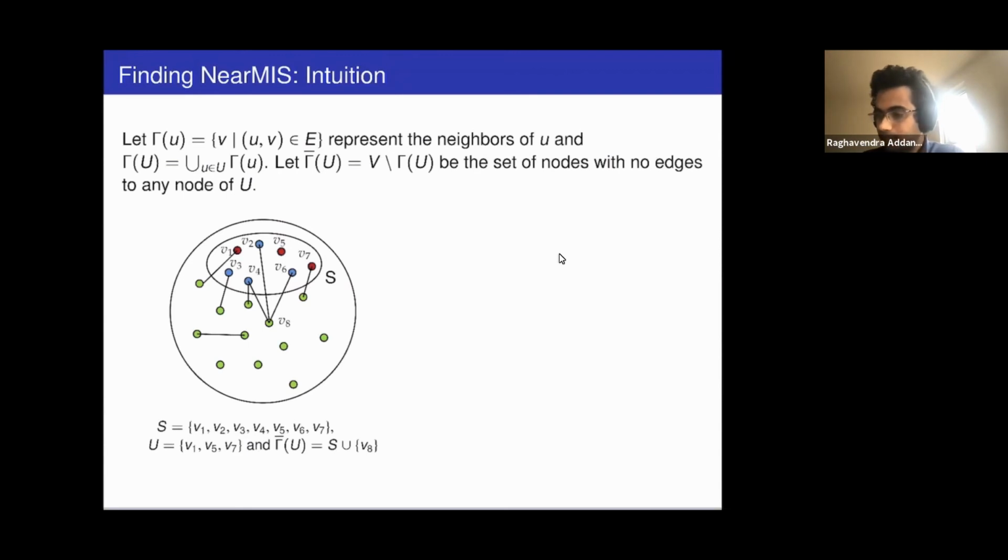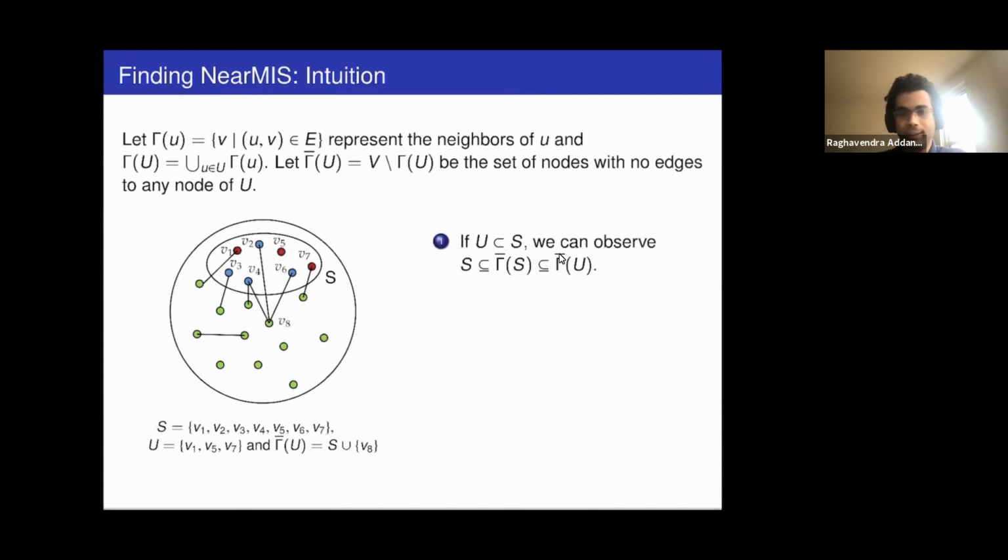So basically, in this example, S is V1 to V7, U is a strict subset V1, V5, V7, as I described previously. Tau bar of u will include S as well as this node V8, because V8 has no edges to V1, V5, and V7. That's the definition of tau bar. There are no edges to any node of U.